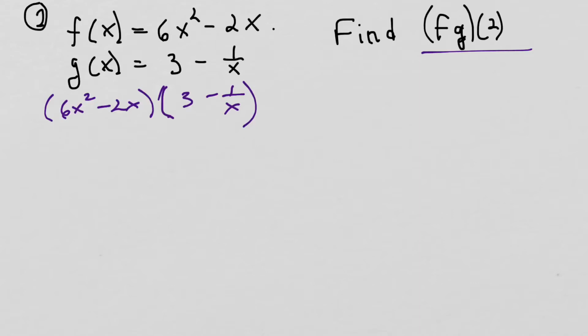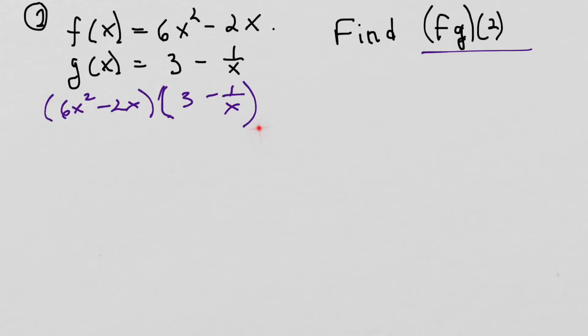The quick way would be to go ahead and substitute 2 in for x at this point, and everywhere you have an x, then just multiply those two numbers together and you'll have (f·g)(2). But what I'm going to do is show you how to simplify our new function, (f·g)(x), and then substitute 2. That way we'll get some practice on simplifying something that looks like this.